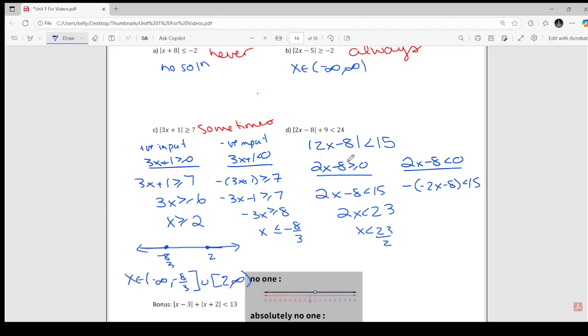I think I put one negative too many there, so I'm going to multiply out that negative and distribute it: negative 2x plus 8, negative 2x, and 15 minus 8 is 7. And then I'm going to divide by a negative number, so now the sign switches to x being greater than negative 7 over 2.